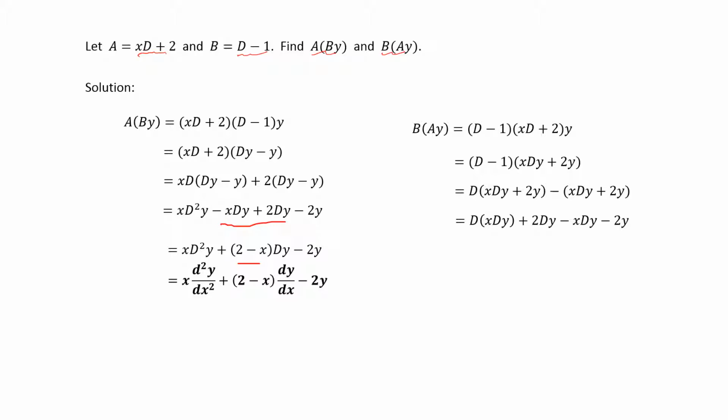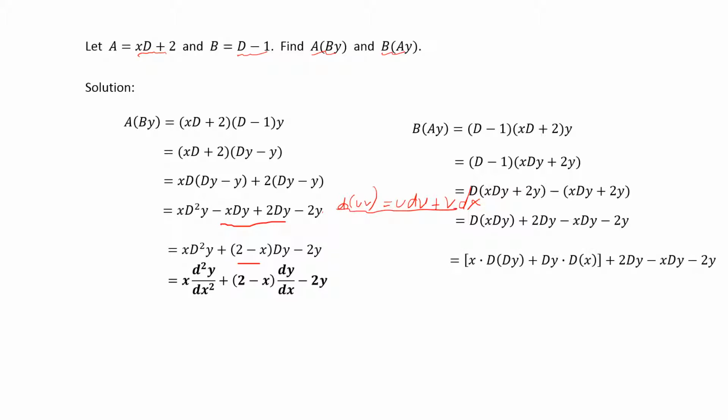Now observe that this is now a product. Remember that the derivative of uv is equal to u dv plus v du. This is a derivative of a product there.